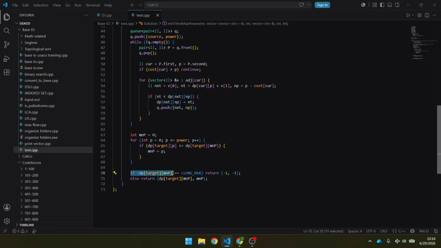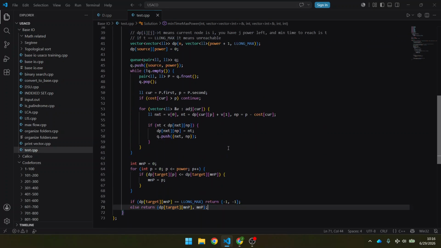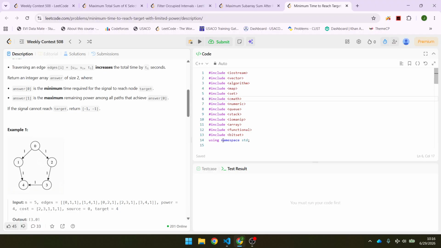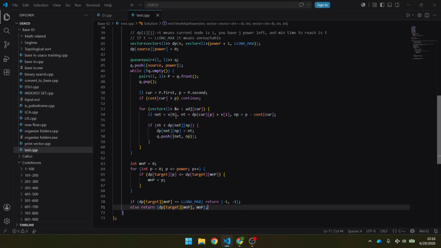And then finally, if it's unreachable, which means this is equal to long max, return -1, -1. Otherwise, we can just return the time and the max power. So yeah, that's just a BFS in this case. So that is problem 4.